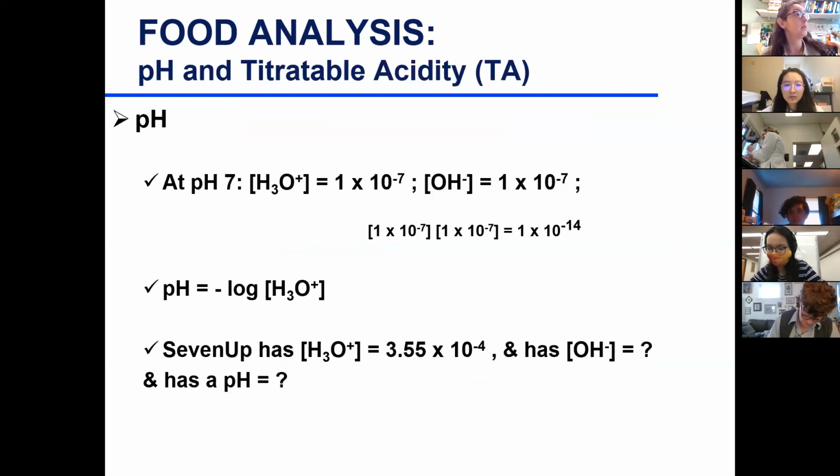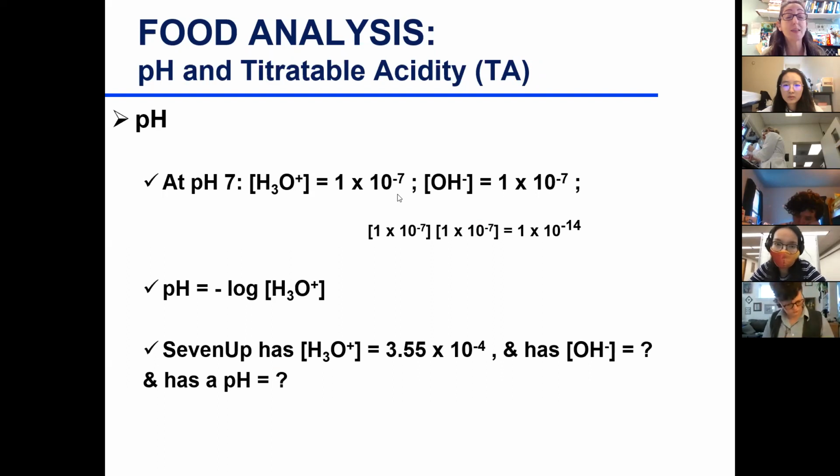We were at this slide, and if you remember, we talked about the ion product constant of water, which at a temperature close to room temperature, at 25 degrees C, is about 1 times 10 to the negative 14. That's the ion product constant of water.